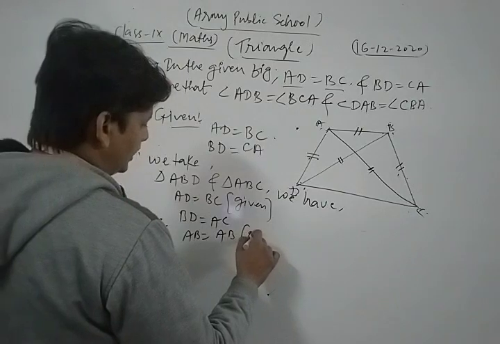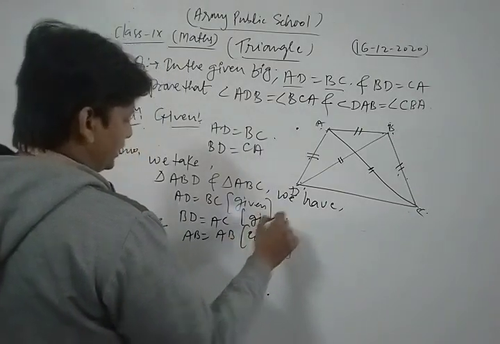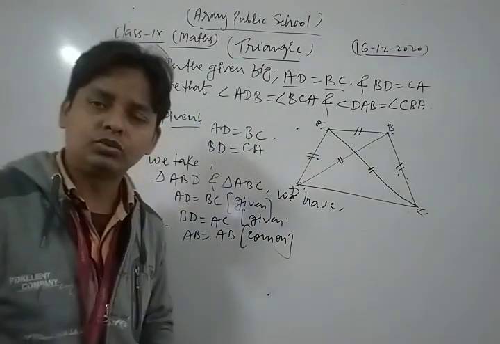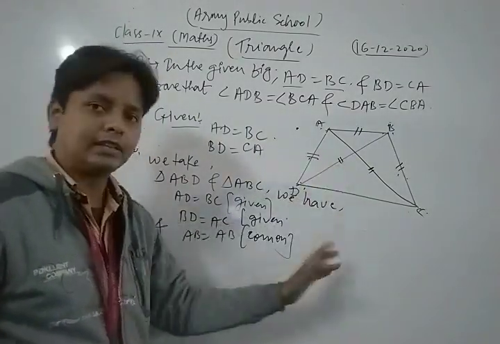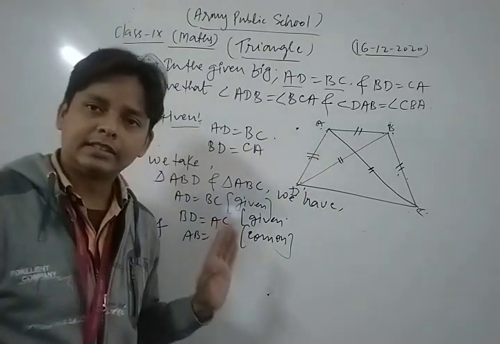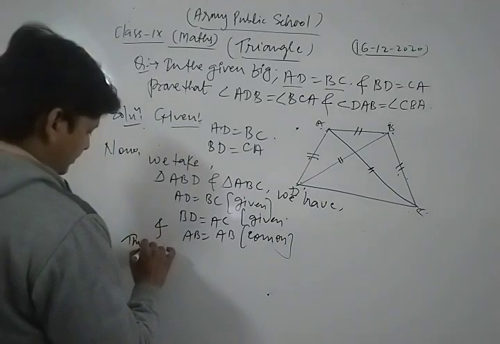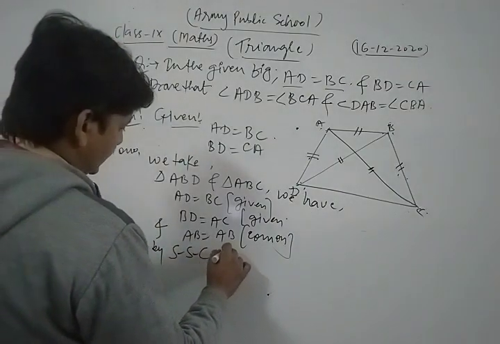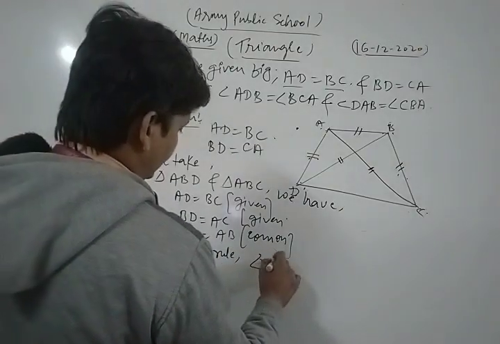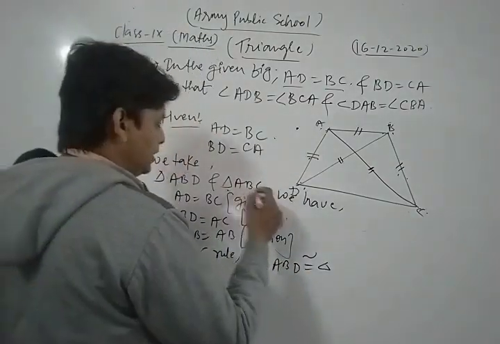This is common in both triangles, and the second point is also given. Thus, by which congruence criterion? By SSS, because here in both triangles all three sides are equal to each other. Thus, by the SSS criterion or rule, triangle ABD is congruent to triangle ABC.